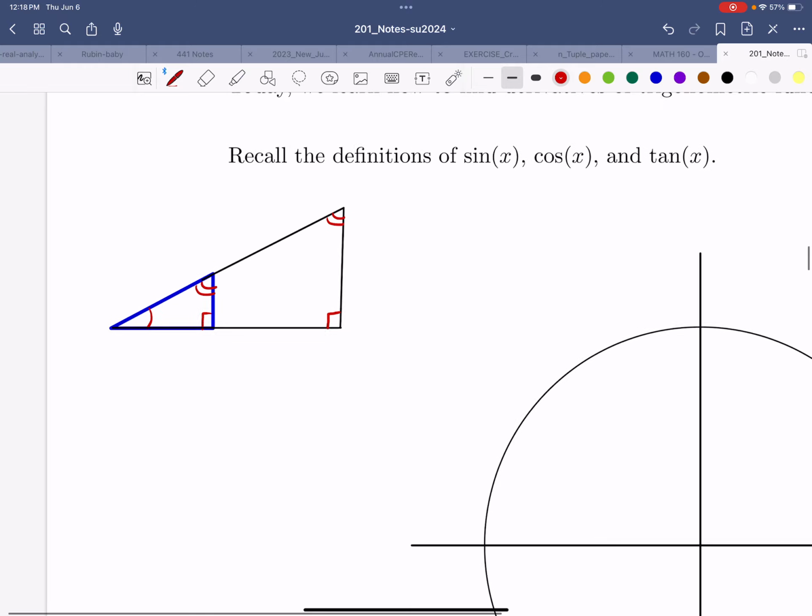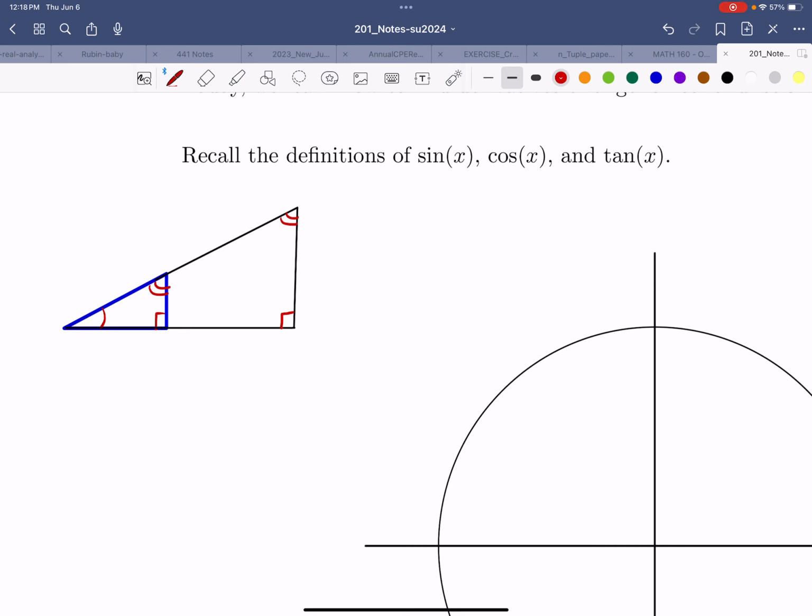And the upshot of all that is that if we consider an angle, let's say we call this theta, then if we consider the ratio of two of the sides, like this side divided by that side, given that the angle is theta, that's going to be consistent. That's going to be the same thing as this side length divided by that side length. It doesn't matter how big the triangle is. It matters only what the angle theta is.